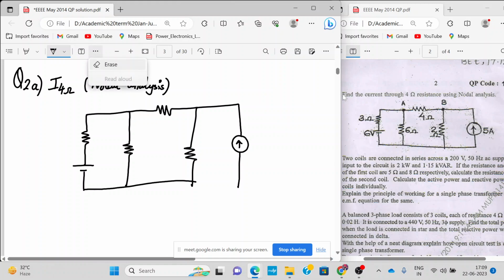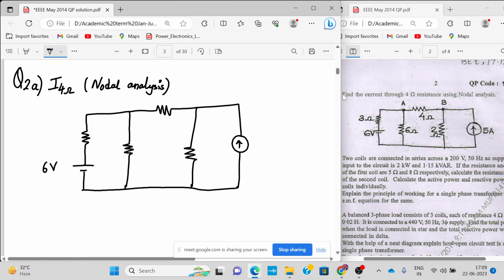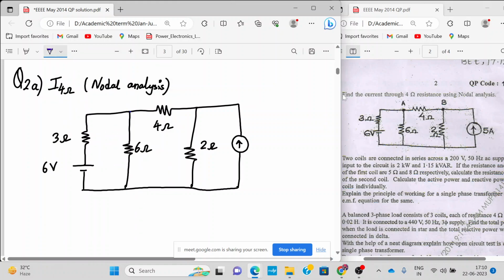It's important to draw the circuit diagram in case of DC network theorems or DC circuits. This is 6 volt, 3 ohm, 6 ohm, 2 ohm, 4 ohm, and they have marked the nodes also, A and B, and this is a 5 ampere current source.